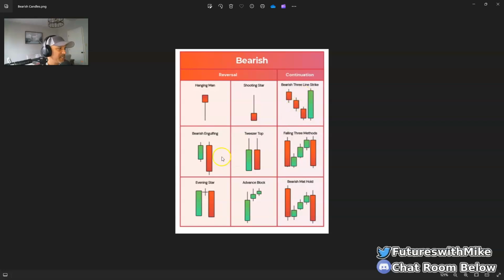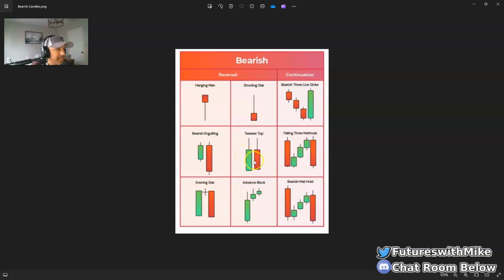Candlestick continuation, you have the bearish engulfing. With engulfing candles, you may have, like right here, a bullish candle, and then this nice bearish candle that engulfs the whole previous bullish candle, okay? And that could be in reverse when looking at things from a bullish standpoint, where you have a small bearish candle, but then the movement goes back to the upside and you have a nice bullish candle that engulfs the whole candle, all right?